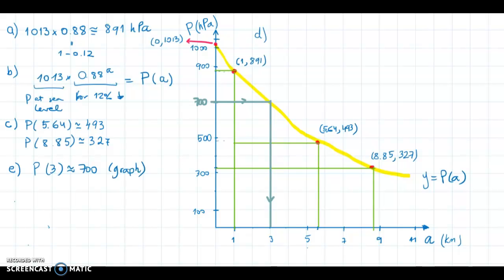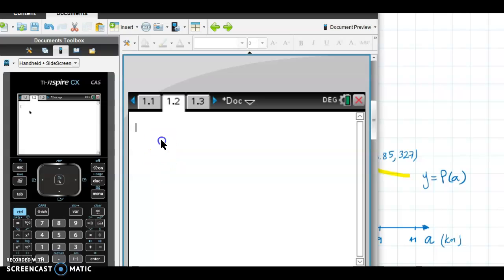Now we want to use the calculator to see if that is the case or not. So let me open the calculator here. I want to know what happens exactly if I evaluate the function at 3 to see if I really get 700 or not. So I need to do 1013 times 0.88 to the power of 3, and I'm getting 690. Okay, this is very close.